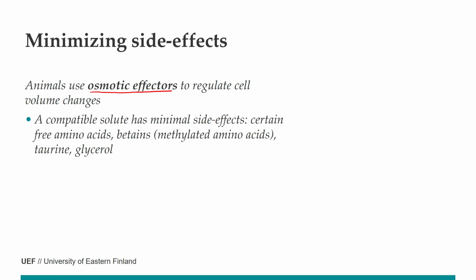We have certain molecules that have minimal side effects, like some free amino acids, then some betaines that are also amino acids that are methylated. Then there is taurine that also occurs in humans, and there is glycerol that we'll be discussing in the freeze avoidance.